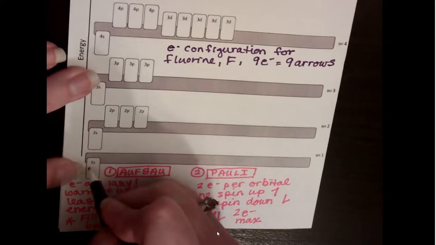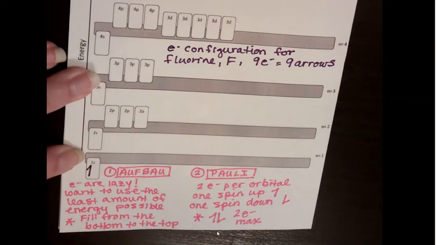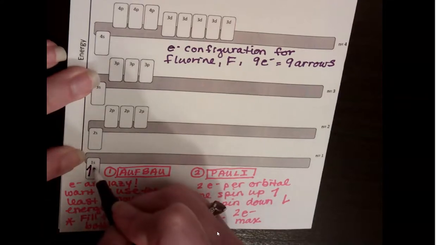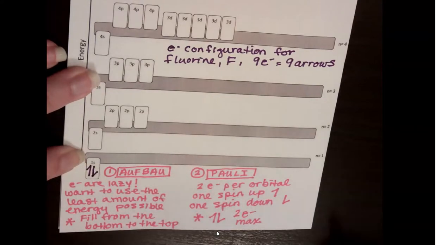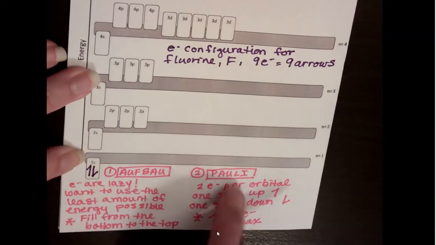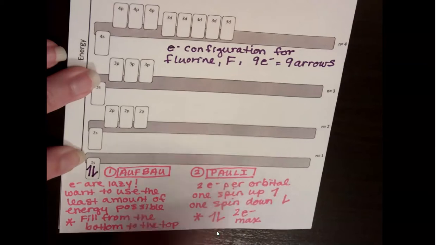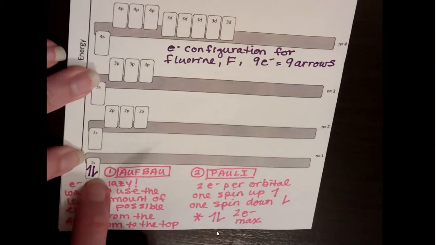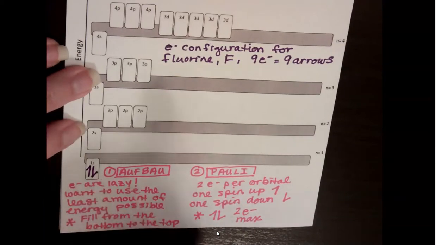So we're going to start at the bottom where we have the lowest energy. I'm going to put 1 spin up. I still have space here, so I'm going to put the next one, but it needs to be spin down. So I just followed Aufbau and I followed the Pauli exclusion principle. So there's electron 1 and 2. Next we'll come up here.